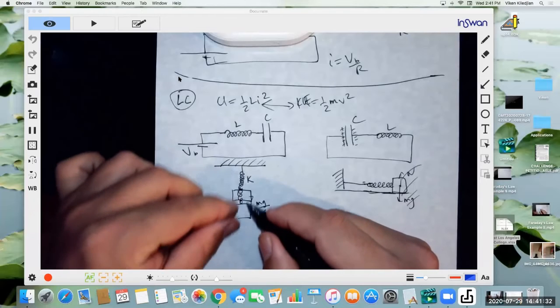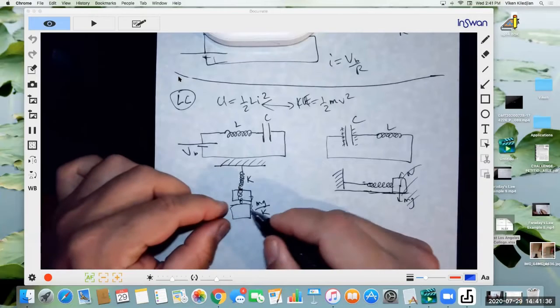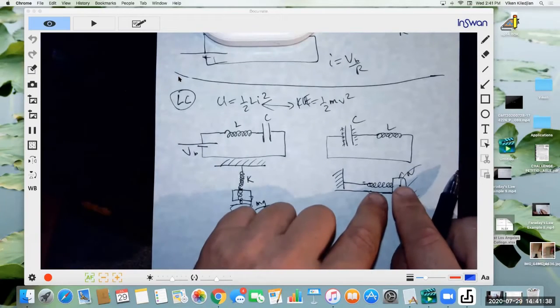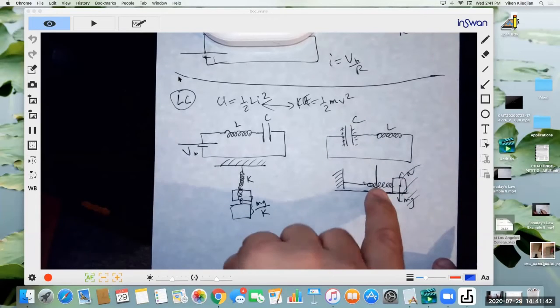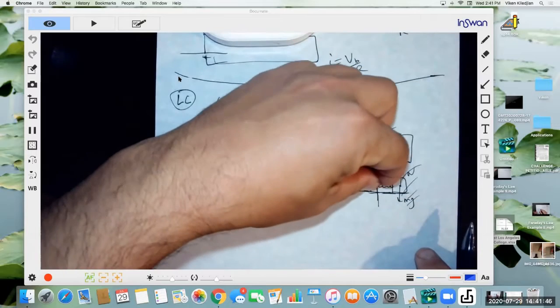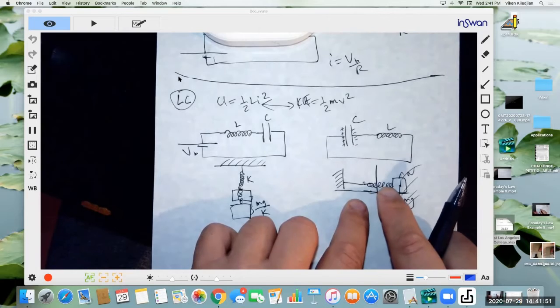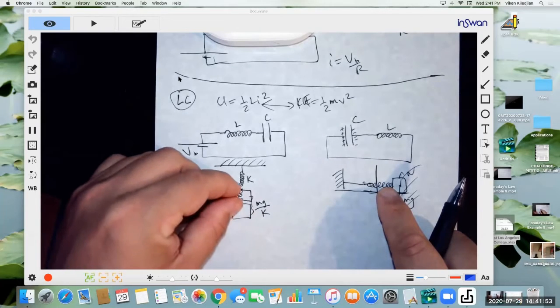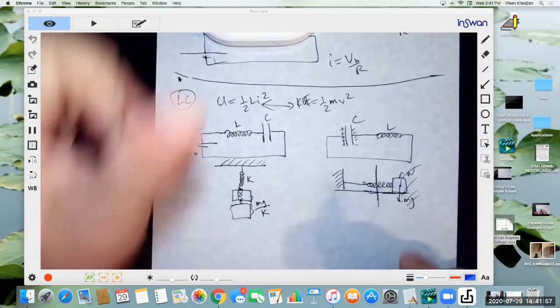So the position of the object is gonna go back and forth around that new stretch position. Now this one will go back and forth around the natural equilibrium length of the spring, you see. So it's not gonna have any certain stretch amount. But this one is gonna stretch, then it's gonna oscillate around that stretch amount.